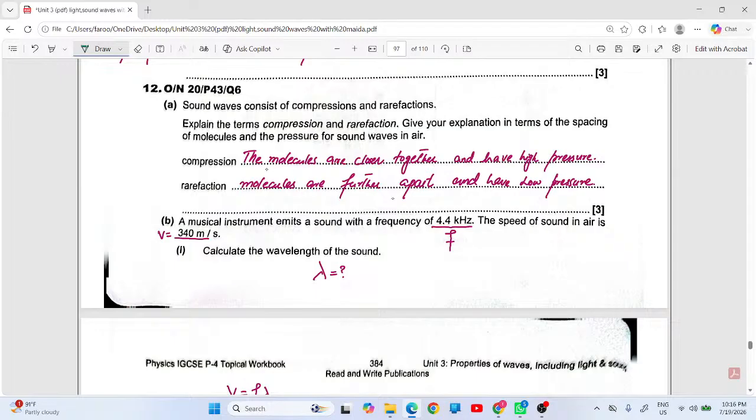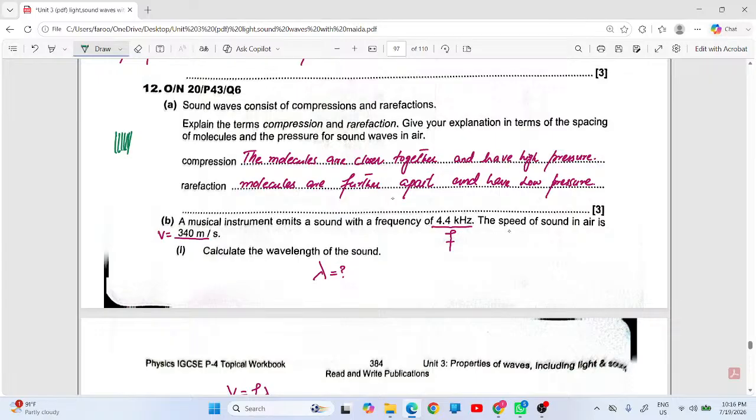The region in which the molecules are closer together. कंप्रेशन में molecules are very close to each other and have high pressure, while in rarefaction, molecules are further apart and have low pressure. प्रेशर क्या होता है? कम होता है.